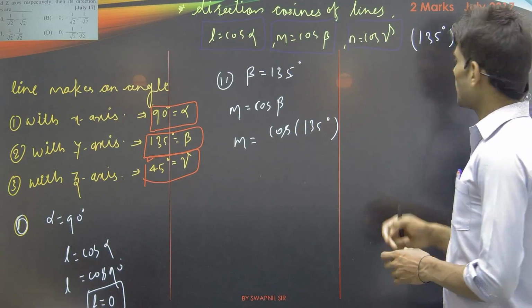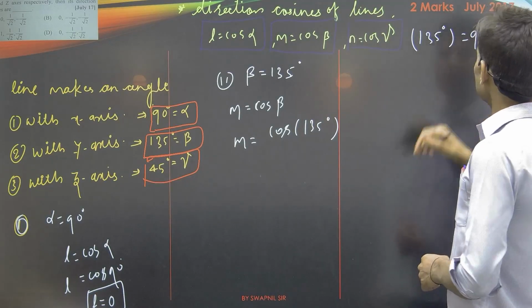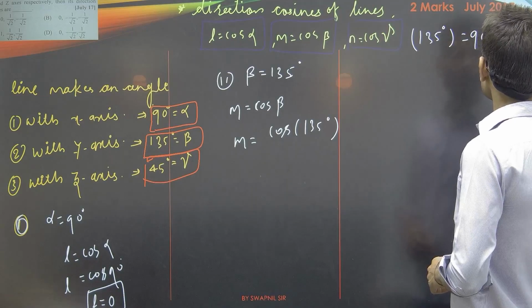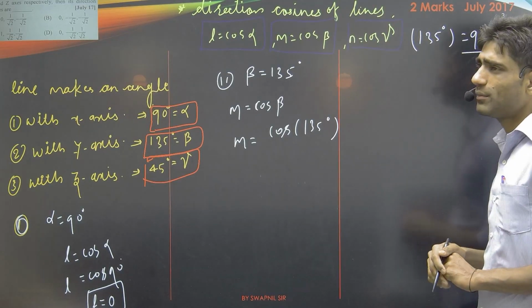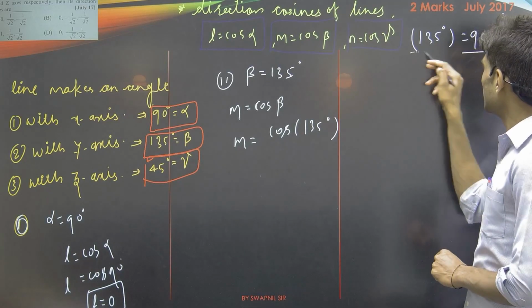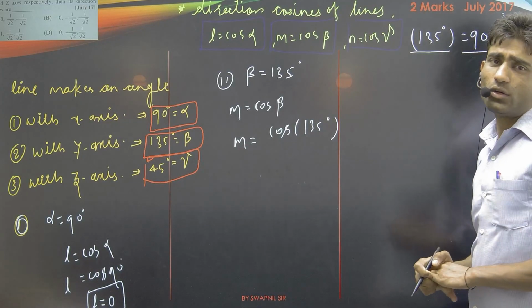If we take 90 plus 45, we can write 135 as 90 plus 45. That means this is the division of 135 degree into two standard angles.